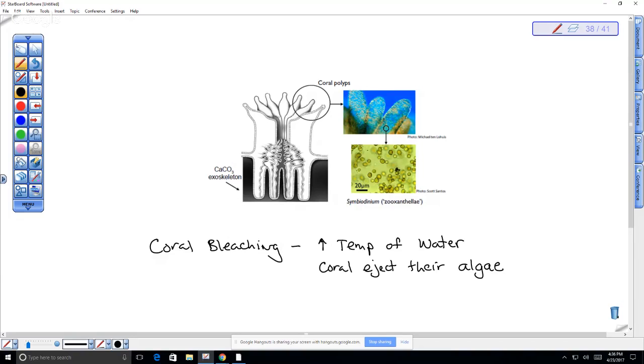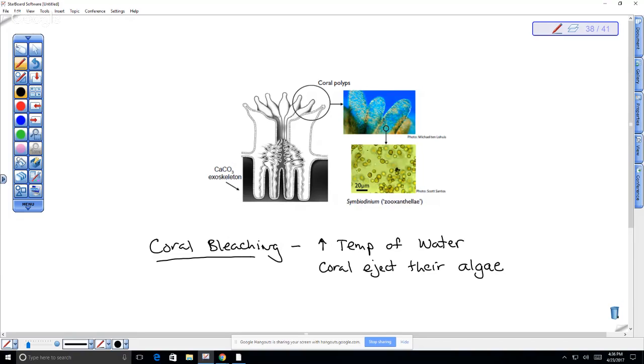And they can regain algae. If their algae start to die, they start to produce a toxic substance. So they might eject the algae because their algae are dying, and they might be hoping to get new algae that might be better able to survive in this new environment, which is a warming temperature. But sometimes coral bleaching causes the entire reef to die.